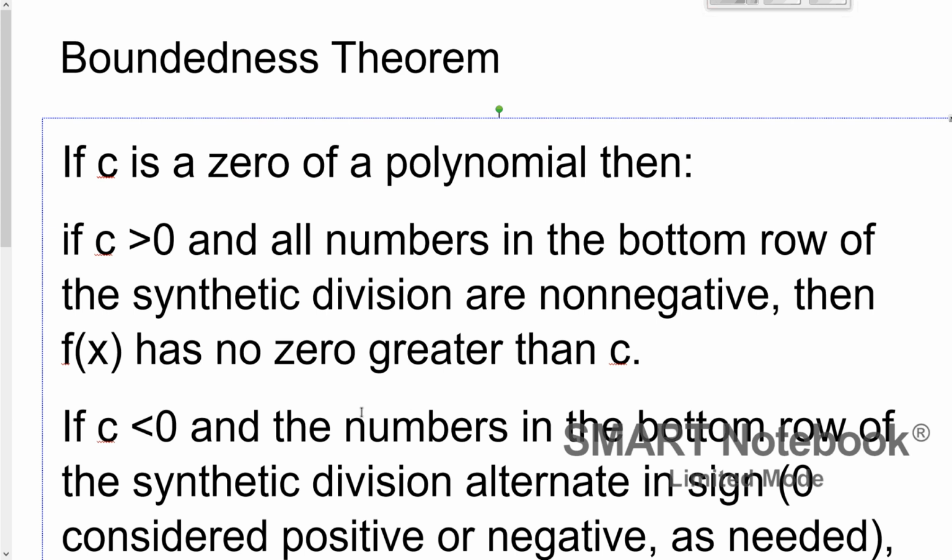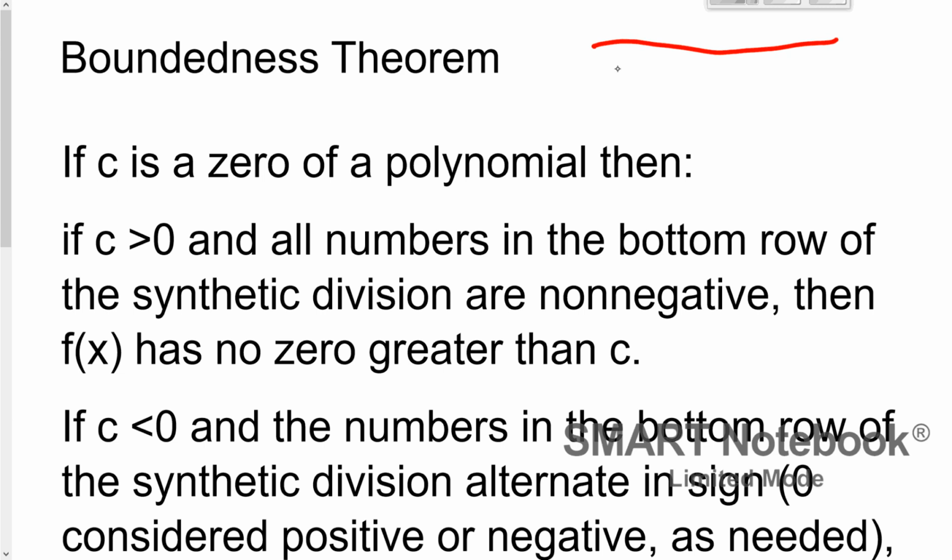What that means is, if I'm doing synthetic division and my bottom row is 1, 7, 3, 2, and 0, and I plugged in, say, 3. So 3 is greater than 0, right?